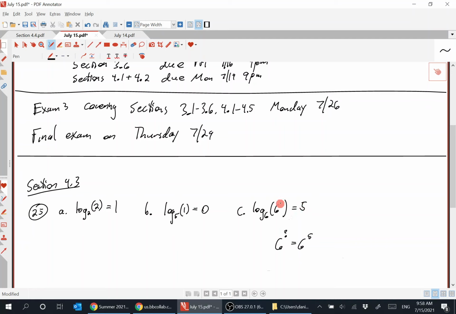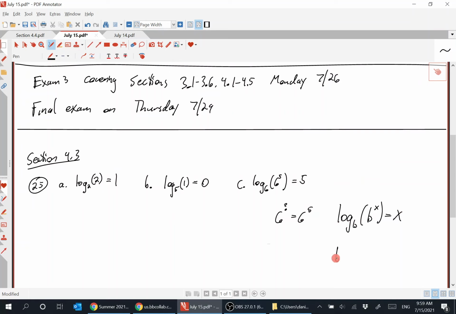This is essentially the definition of the logarithmic function. Log base 6 of 6 to the 5th is 5. And in general, log base b of b to the x is equal to x, because log and exponential functions are inverse functions. So log base b of b to the x is x, and b to the log base b of x is x.